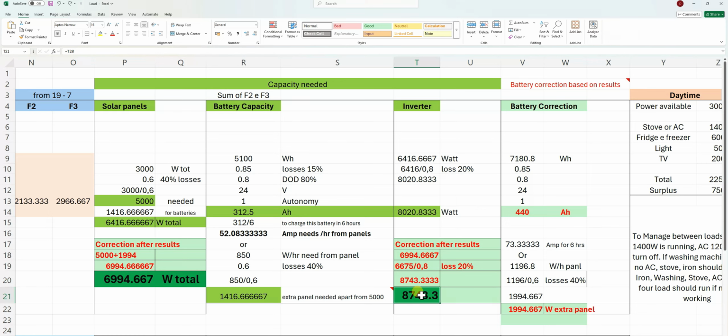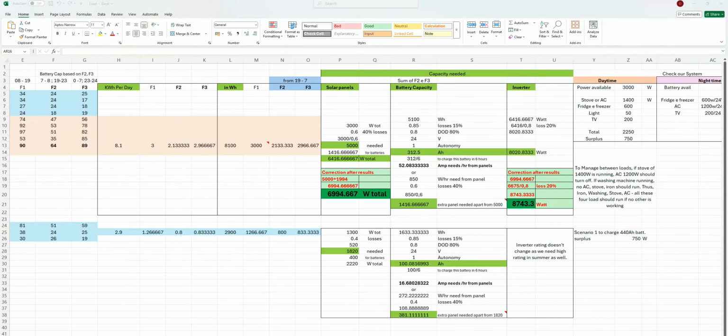So this is the overall scenario for all these things, but according to my point of view, this system is a little bit overvalued, because as I told you, I will not run all these things for 24 hours.